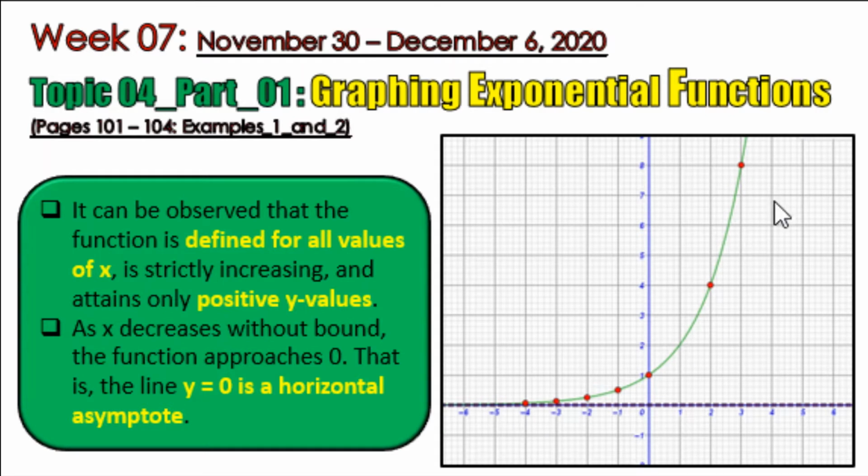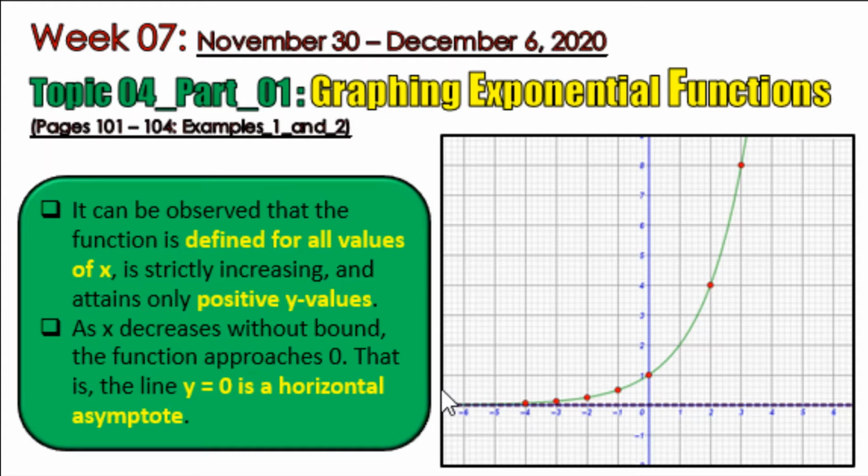What does it mean? It means that you can use any values of x. For every value of x, there is a corresponding value of y. If your x is 3, the value of y is 8, and so on. If your x is 6, there is a corresponding value of y.